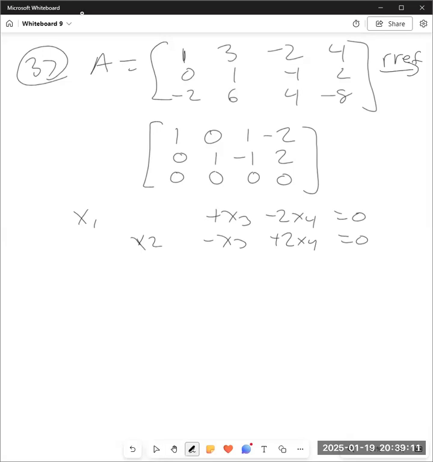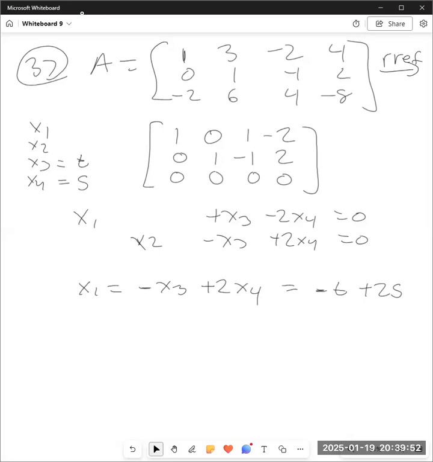So solving for x1, x1 is equal to -x3 plus 2x4. And I'm going to call that equal to -t plus 2s. I'm saying that for x1, x2, x3, x4, x3 is going to be t, and x4 is going to be s.